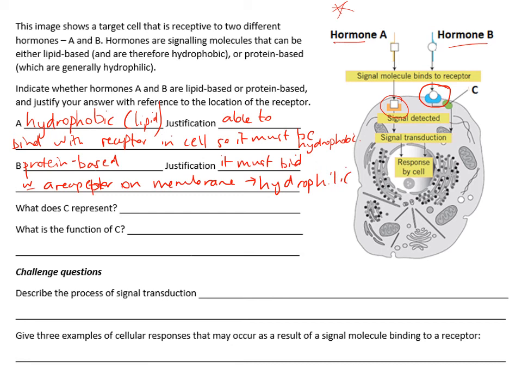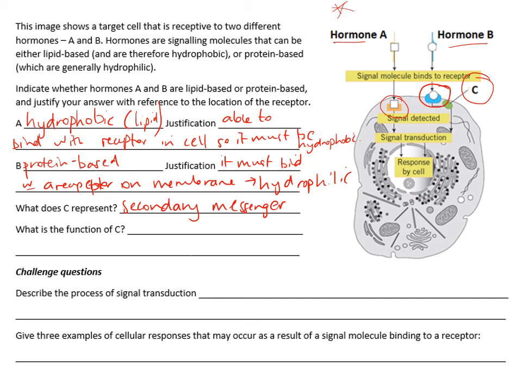Okay, what does C represent? So C over here, on the side of our hydrophilic signal where it bound with the receptor on the membrane, would be our secondary messenger. Okay, so it's the messenger that is signaled or switched on by that initial reception.